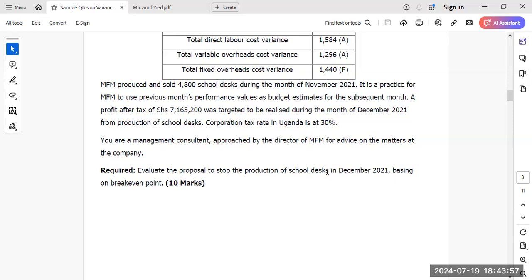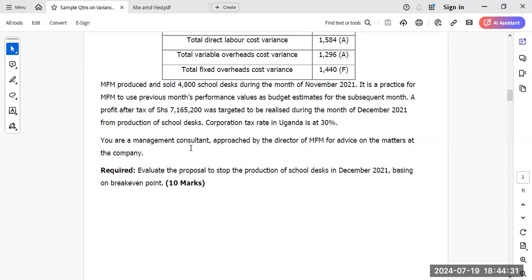If you realize that you are breaking even before the current production, then it means that actually they shouldn't stop the production of school desks, as we are going to see. So you need also to be knowing which formula to apply to get break-even point in units. The units here are school desks.